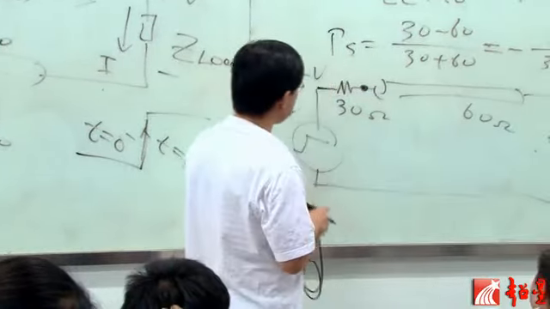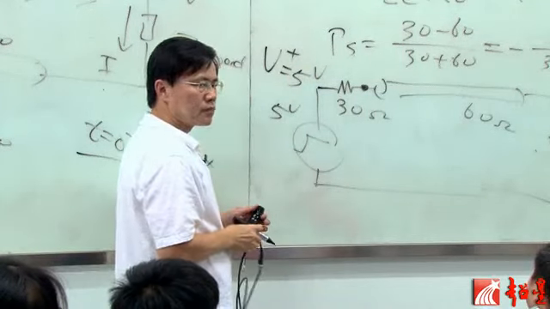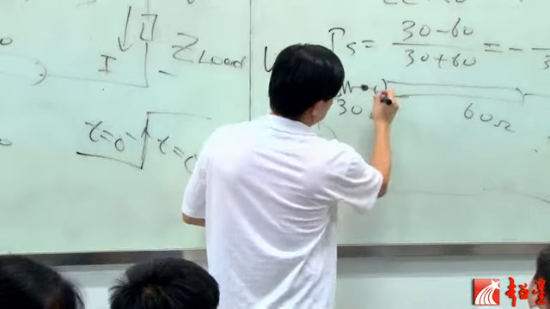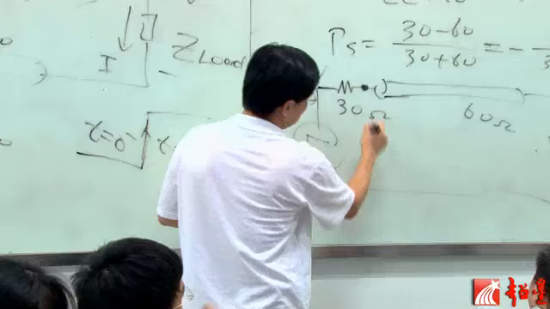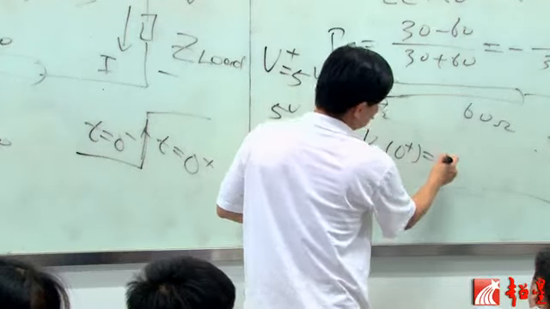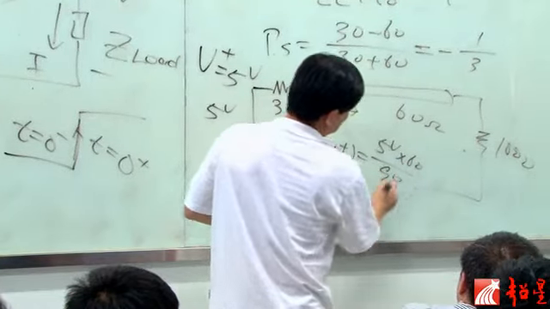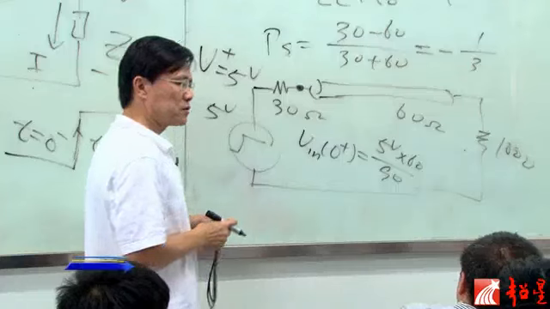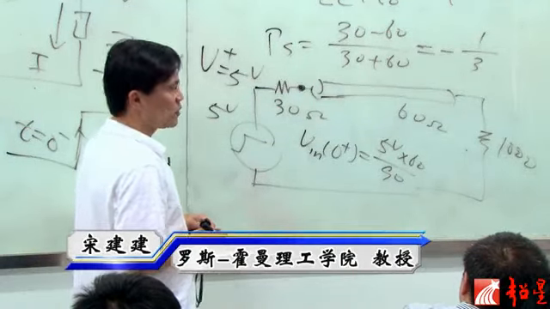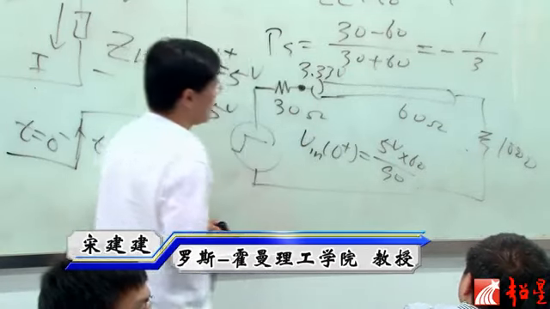Because that source is V plus, it's a forward-going wave. So it's going to see a 60 ohm. So at this point, V in 0 plus is going to be 5 volts times 60 ohm divided by 90. So it's 1/3 of the 5 volts, right? No, 2/3 of the 5 volts. So it's about 3.33 volts.